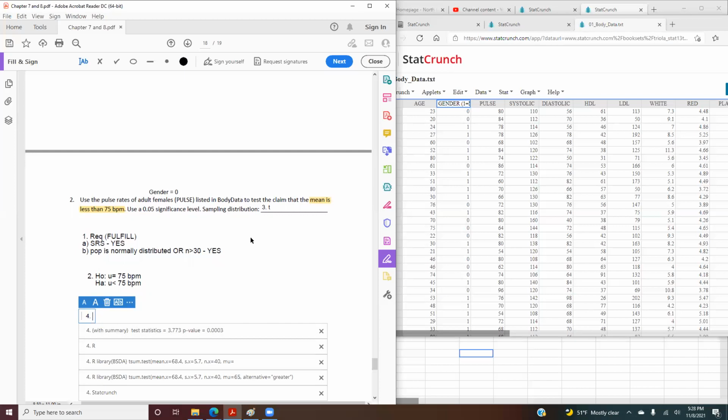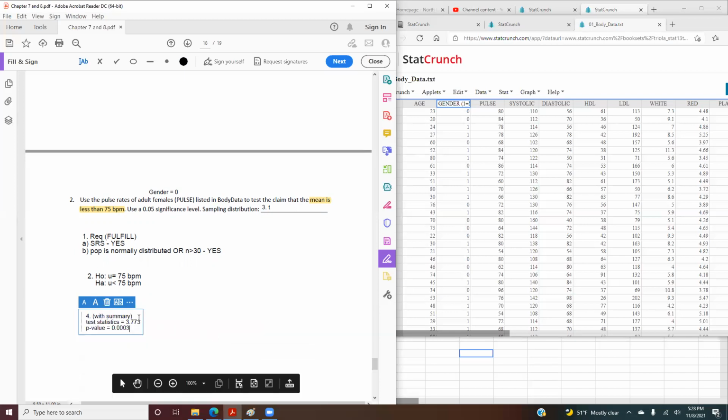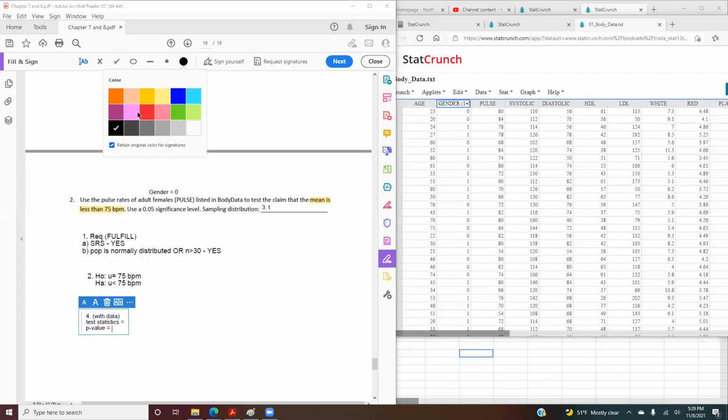Is this with summary or is this with data? Data. Okay, so this one is with data. The reason why is because we're using data here. Tons of data here. So the fourth step here is figure out what is your test statistic in this case.